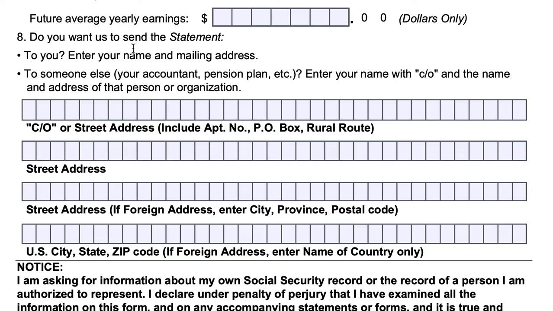If that's the case, then enter your name and mailing address. But if you want the statement to go to someone else, whether it's your pension plan, your accountant, then write your name, C/O, and the name of the addressee. And then that person or that company's street address, city, state, and zip code.